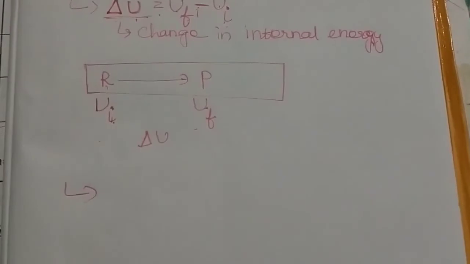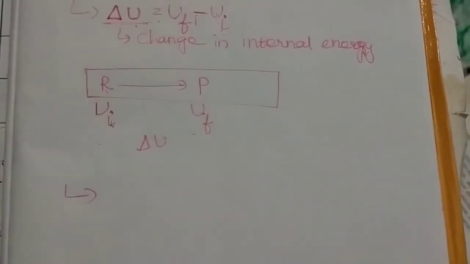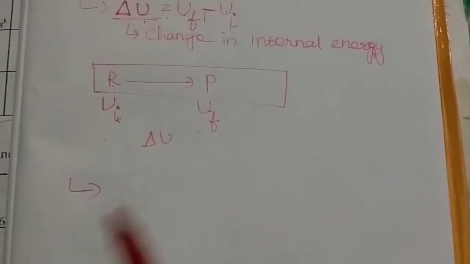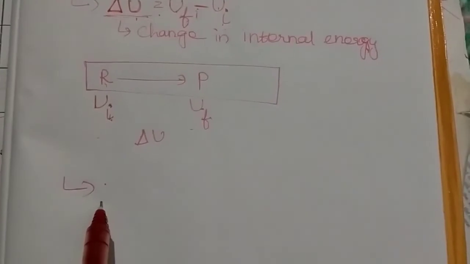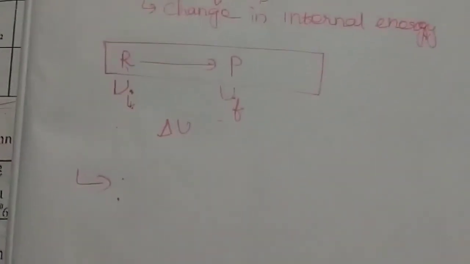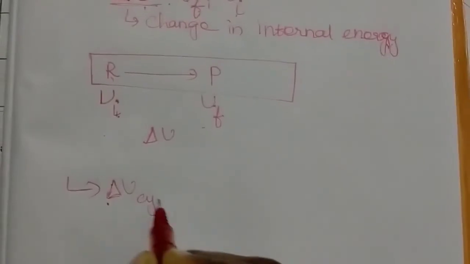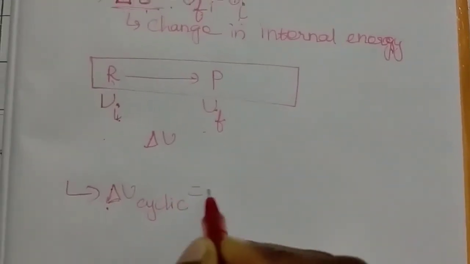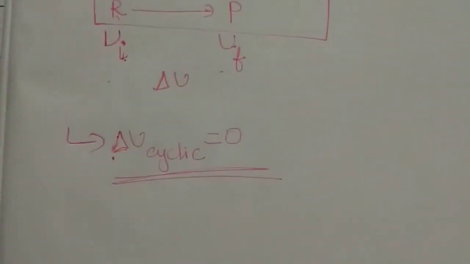When you calculate the internal energy of a cyclic process, you get the same state at the end, so there is no change in the internal energy from initial to final stage. That's why the change in internal energy of a cyclic process should be 0, because there is no change.